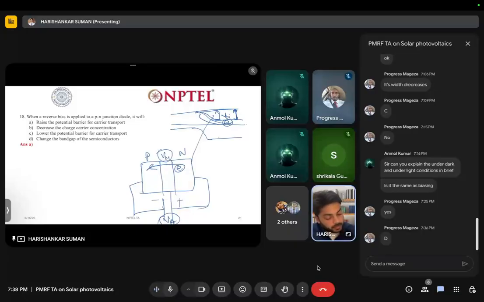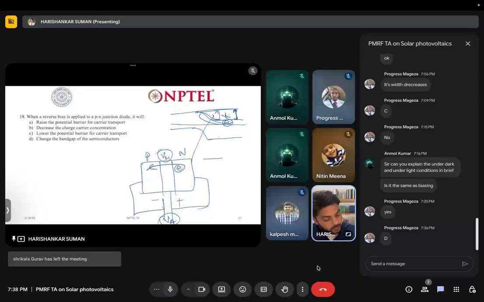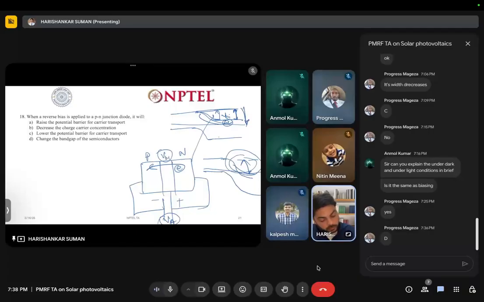But when we apply VA, this level is getting higher and higher like that. The effective potential is VBI plus this VA.